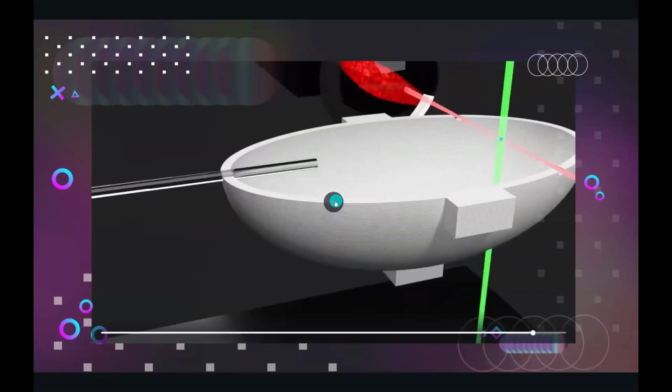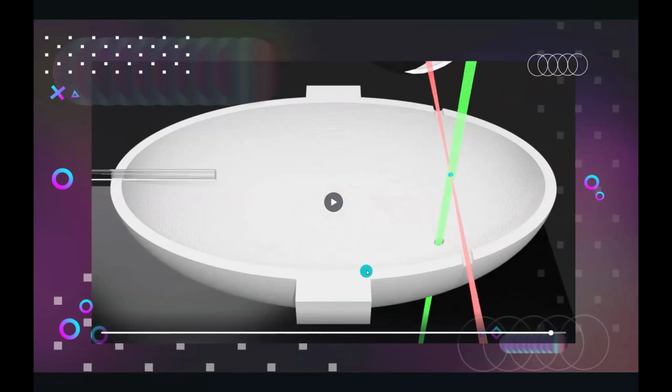My understanding of this animation is that the red laser is the tweezer, the green laser is a laser that stimulates the transition that is core to the functioning of the system, and then from the side, the thing that's pointed at the whole thing is the camera that checks for fluorescence. But again, we didn't make those slides. I don't know where this comes from.